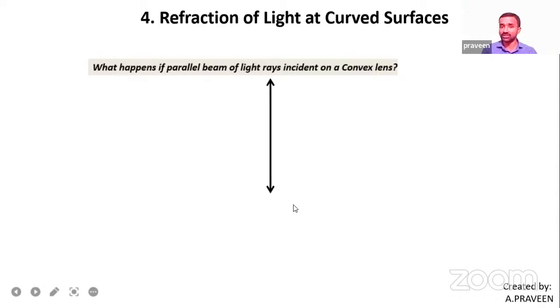Double convex lens, we can use a symbol here. What this symbol is given here, double-headed arrow. Why this only selected? Just look at here. If you extend these arrowheads, then try to connect on opposite side, then what you will get? Outline.